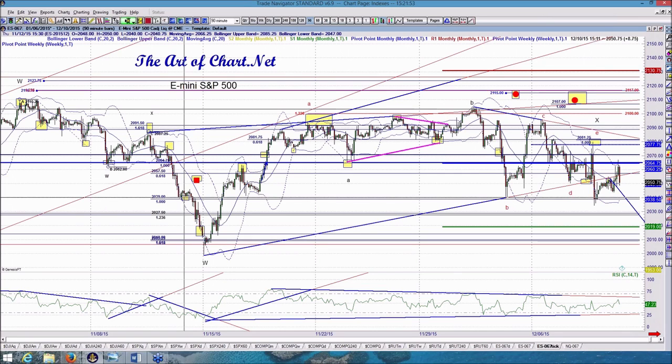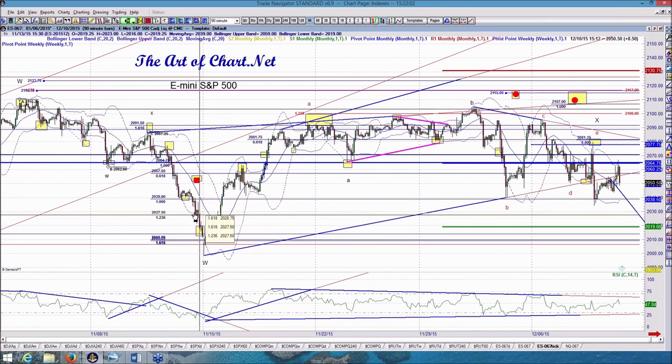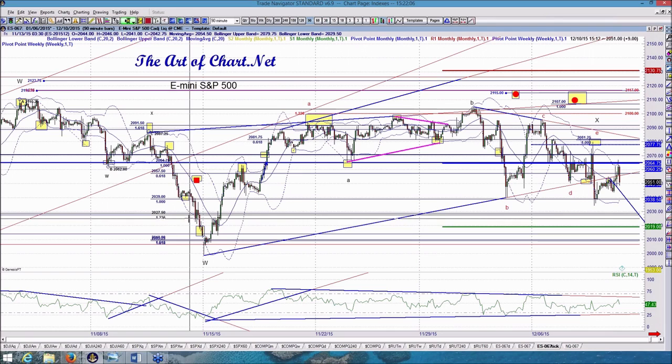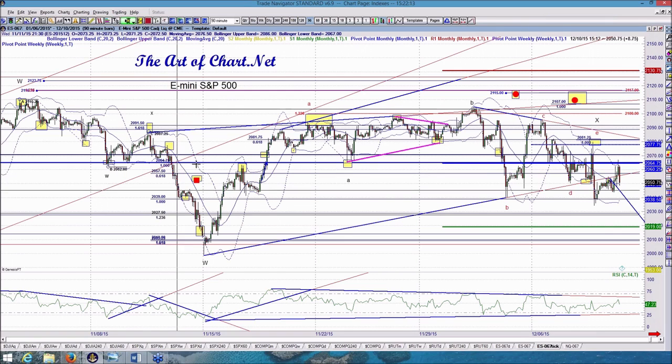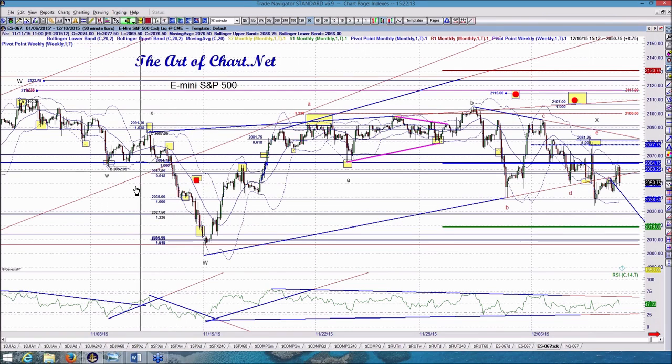Now notice what happened here. The 1.236, we found support and we bounced. Is that a surprise? No. Why? There are a lot of eyes on these numbers, guys. I'm telling you that there are a lot of eyes on these numbers. You gotta watch these numbers. And by the way, even the 618 very often on the way down, you will see a back test, or I'm sorry, an impulse to the 618, a bounce, and then further movement down.